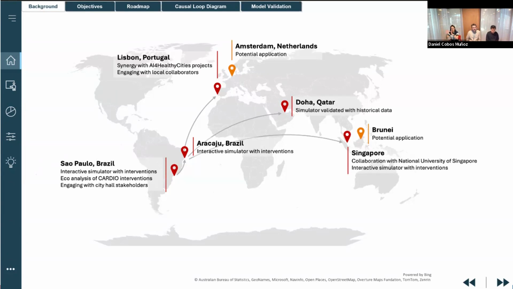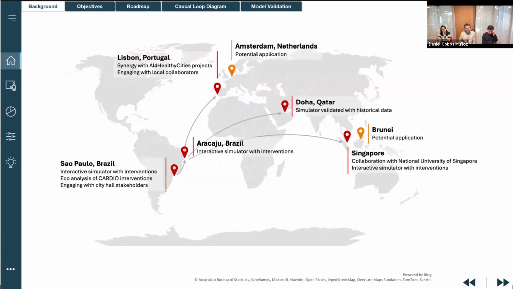And of course, we don't just go to other places and say, use this simulator. We also bring the stakeholders together to ask, is this the data that you need, or do you have other databases that you would like us to look into? What I remember quite strongly is one situation with Mariana, after the reflection with the City Hall in Aracaju, where they were asking, are you overestimating the impact of a particular intervention? They shared what the usual impact of the intervention is, and from our side, we came back to check, and the results were very similar to the effect size mentioned.